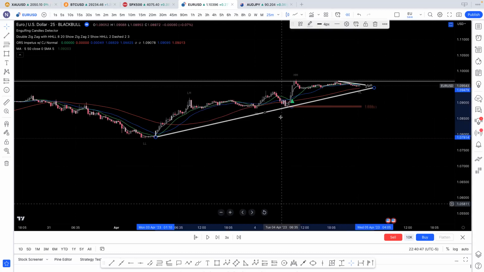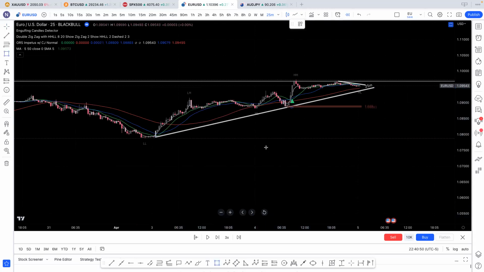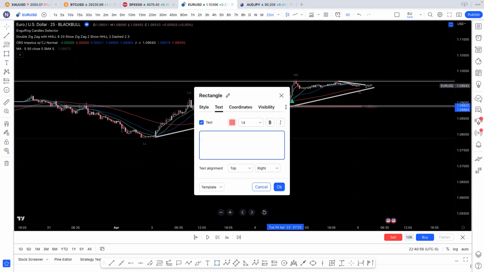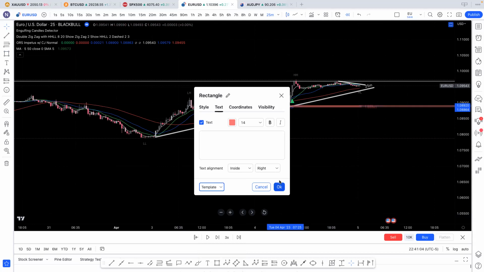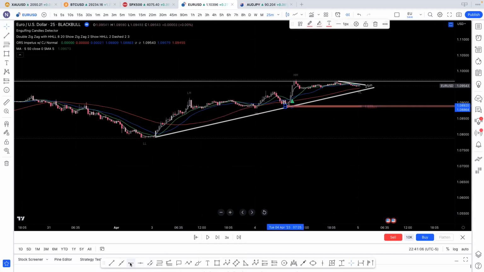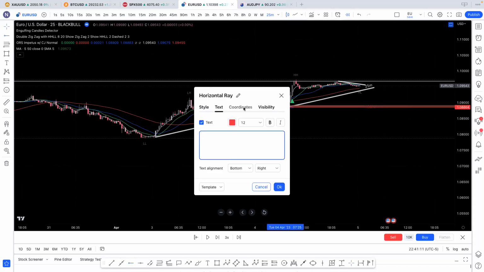This is a 25-minute triangle, and then I have this 25-minute level that I need to be mindful of in the future, once price gets to that point, which could be in the near future or way far ahead. So I'm just marking these things. Oh, I'm doing them all in the wrong color.